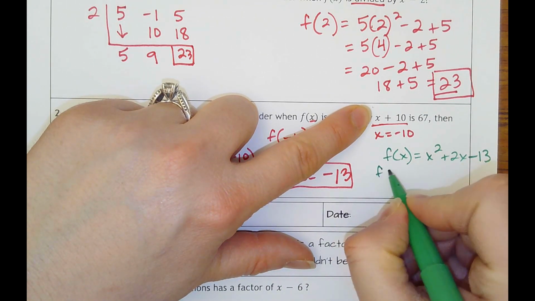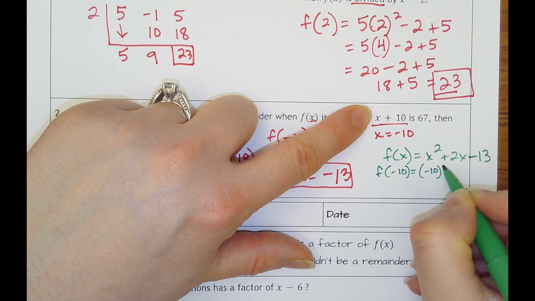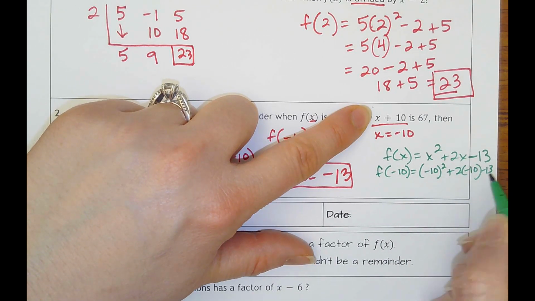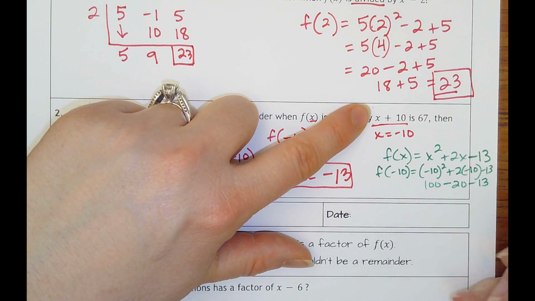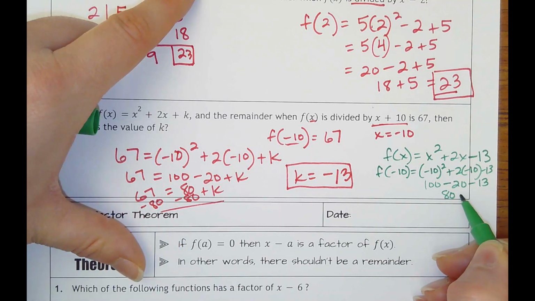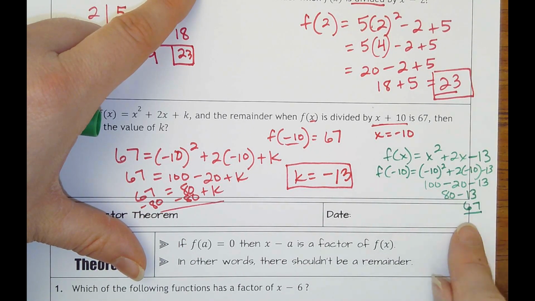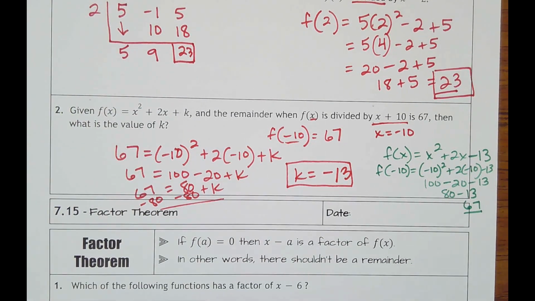I would plug in -10 for x, that gets 100 minus 20 minus 13. 100 minus 20 is 80. 80 minus 13 is 67. So see how it got the remainder they told me. So my job is to plug everything in and only have k that I'm solving for.